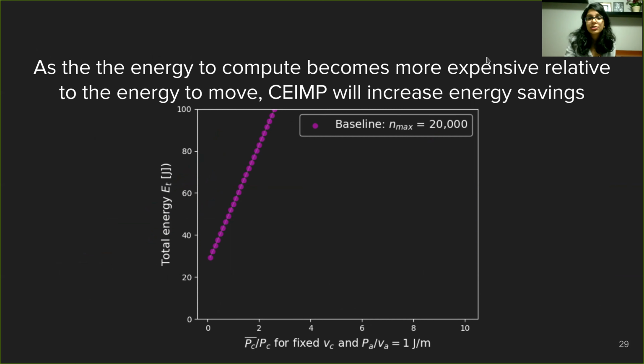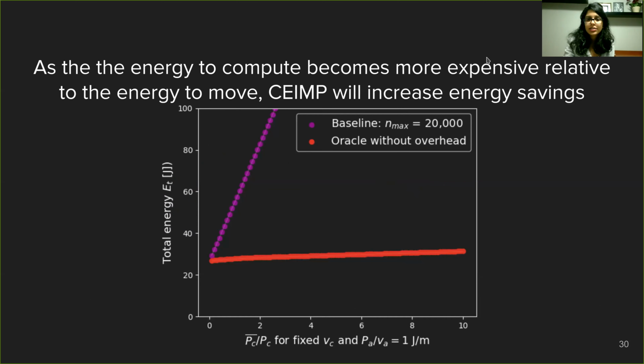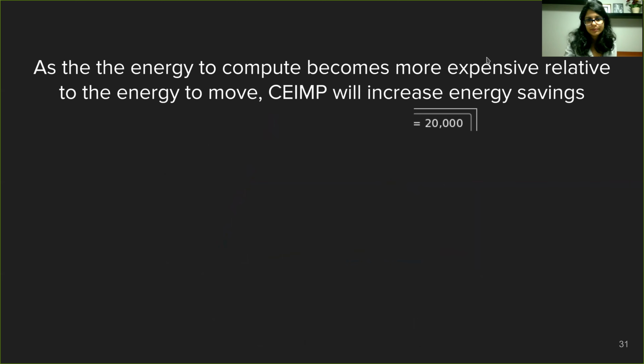On the y-axis is the total energy. The purple line is our baseline, which is 20,000 nodes being computed as the maximum number of nodes. This red line is our oracle without overhead. This is the true minimum of the total energy curve, given that we introduced no overhead to make a decision when to stop, so this is a theoretical lower limit.